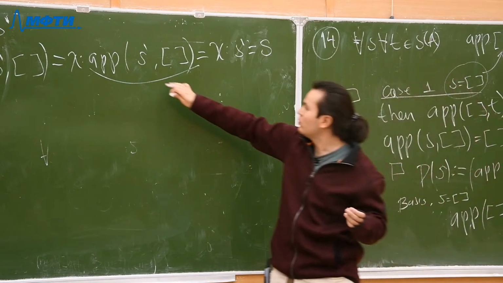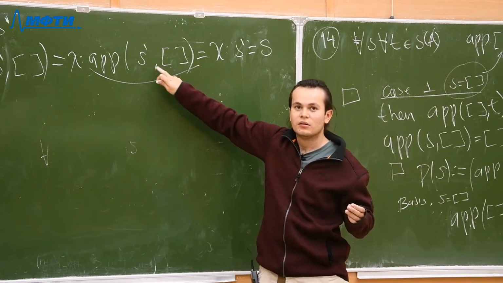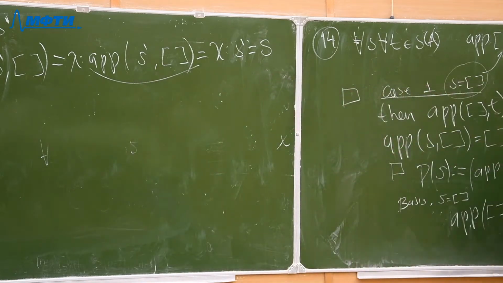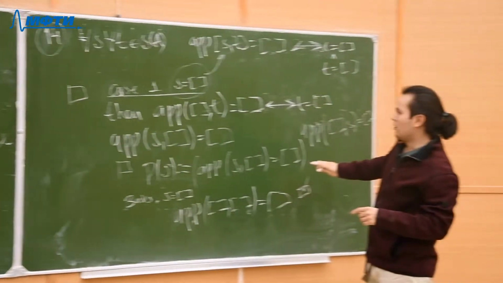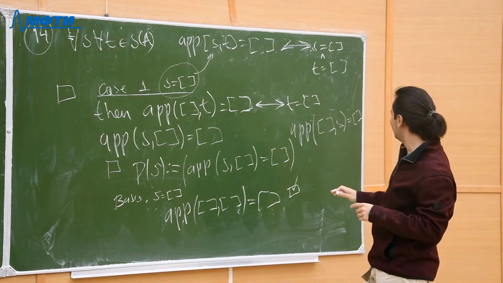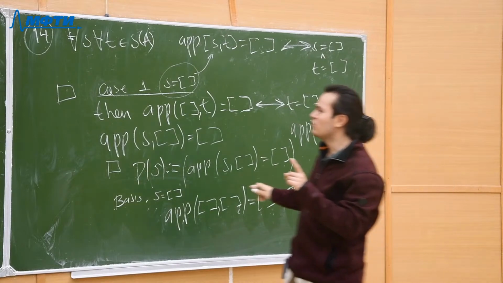Why is prime? Because this is empty set. So look, I was going to show that F of S and empty will be empty. Wait. But how can we get, yeah.